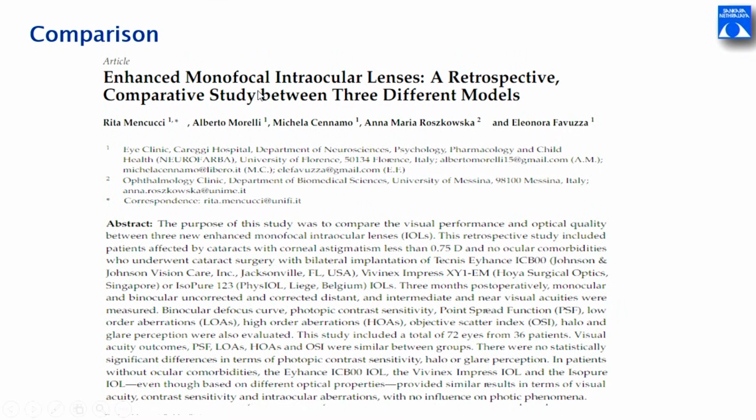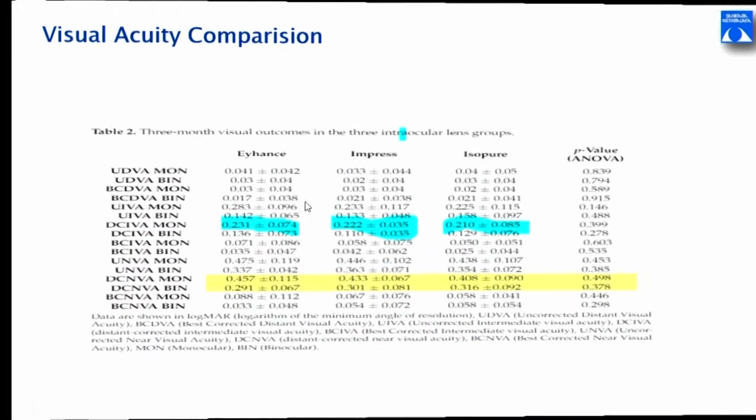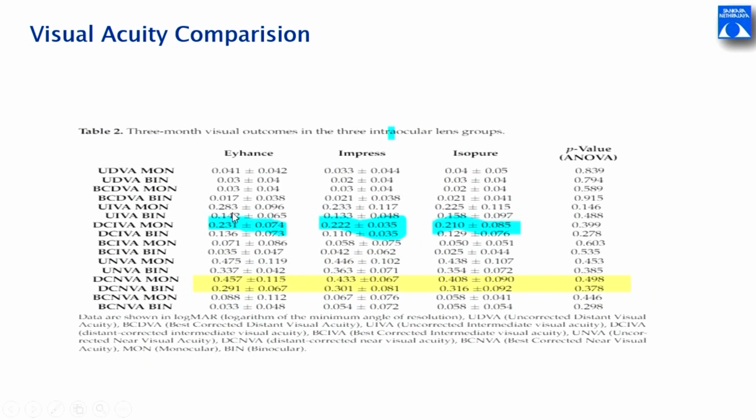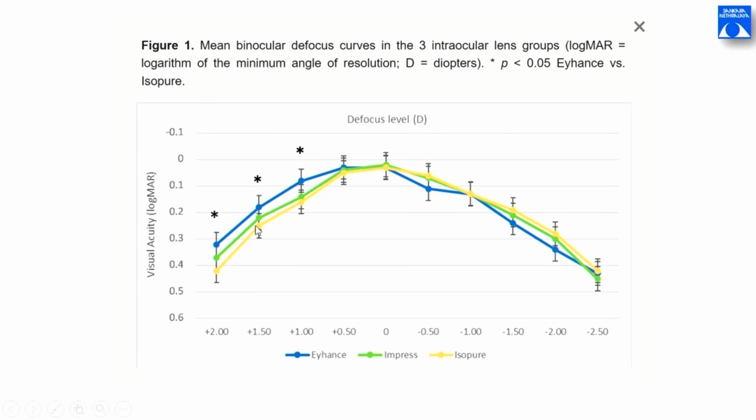We looked at enhanced monofocal lenses in a retrospective comparative study between 3 different models, and they were all able to achieve intermediate vision of 0.22. This is between Eyhance, Impress, and Isopure, where the defocus curves of all 3 almost merge with each other.